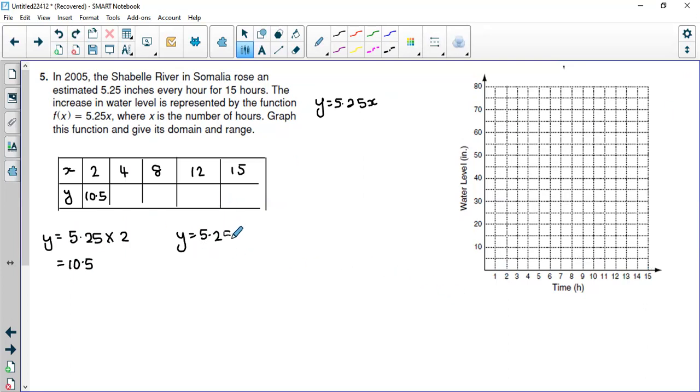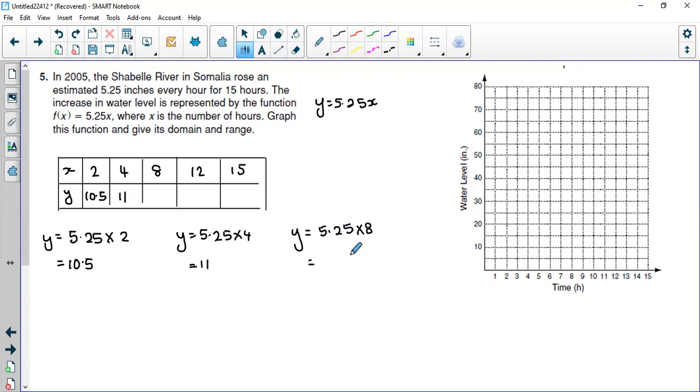So 5.25 multiplied by 4, that would give you 11, right? This is 11. And then y is equal to 5.25 multiplied by 8.